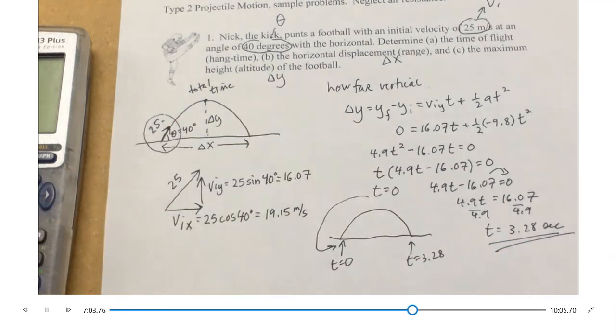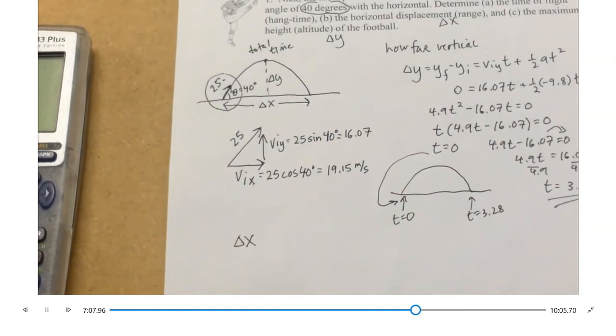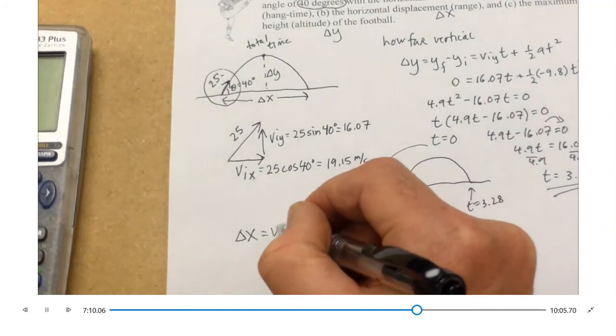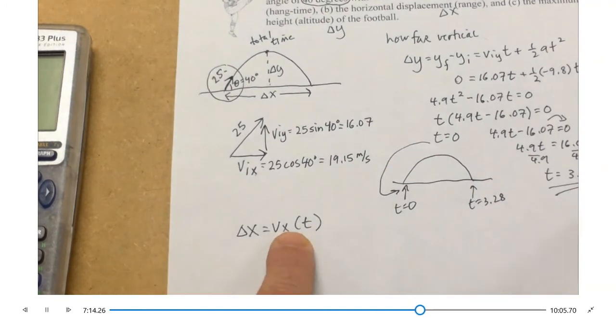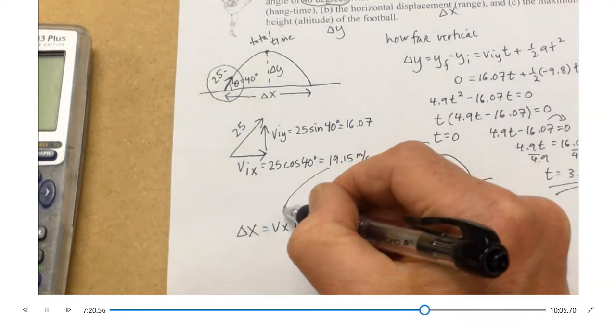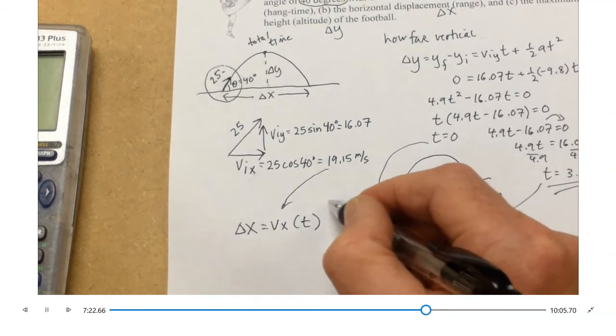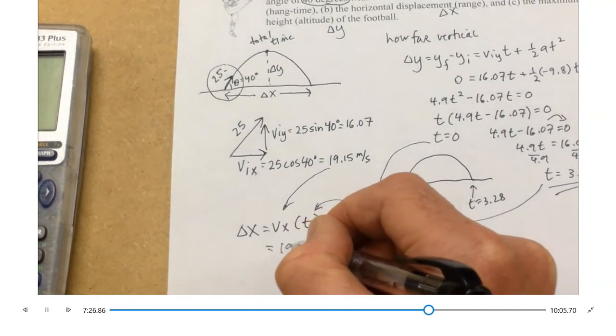Well, now let's look at the horizontal range, or the displacement. That's a delta x idea, right? We said delta x is our Vx times t, where that t is just what we found here, 3.28. Well, we know what the Vx is. It's 19.15. And this time here is 3.28. All we have to do is multiply those two things.